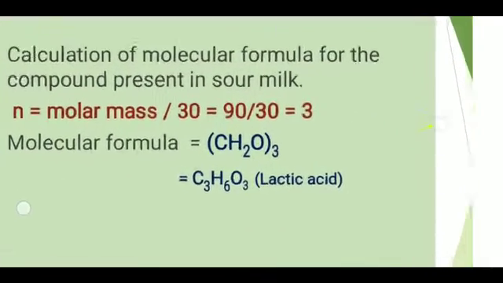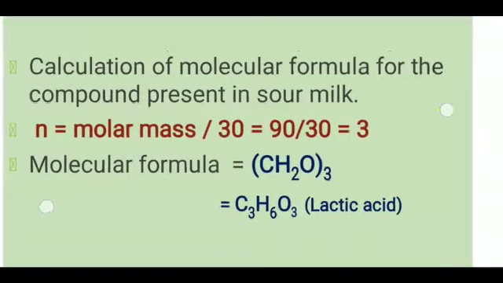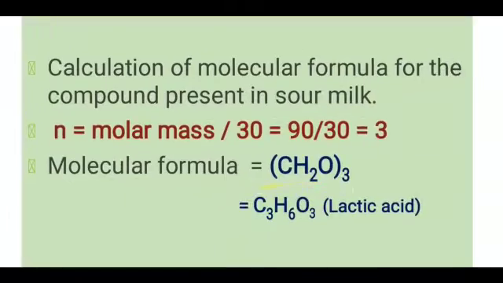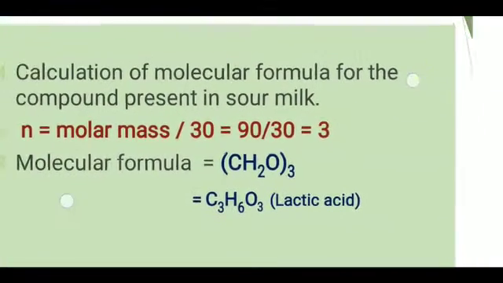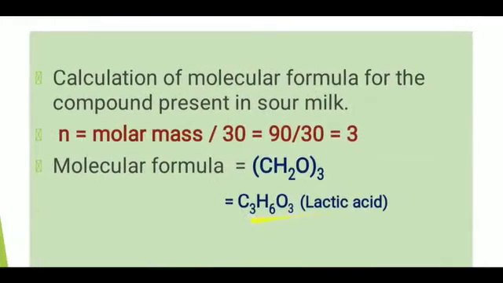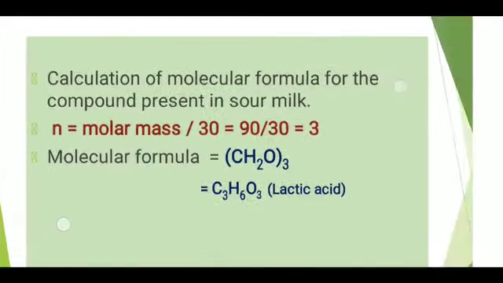Next we are going to calculate the molecular formula for the compound present in sour milk. We know the molar mass, that is given as 90. Already we calculated the empirical formula mass, that is 30, because the empirical formula is CH2O. So we can calculate the N value. What is N? Molar mass divided by calculated empirical formula mass. Molar mass is 90, then calculated empirical formula mass is 30.